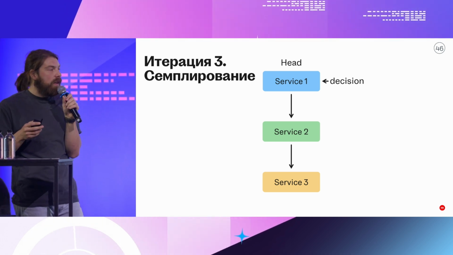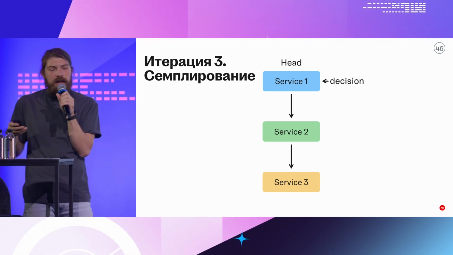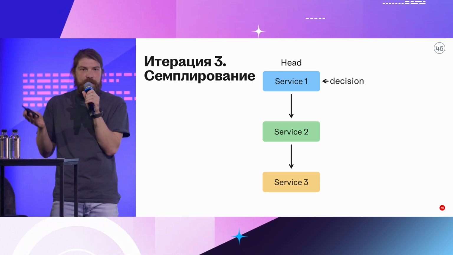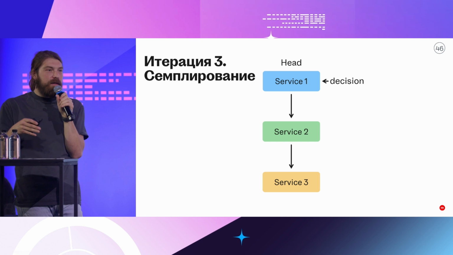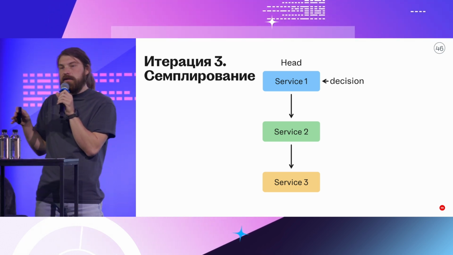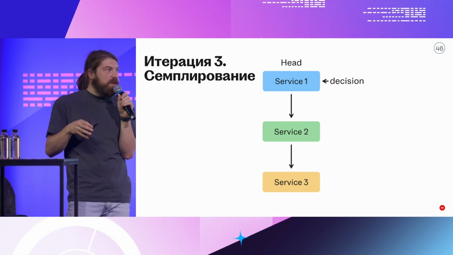Algorithm one is called head-based sampling. It works this way. When you get a request at the very beginning, you make a decision whether to store it or not. It can be implemented with different algorithms, it can be random, it can be heuristic, but the essence is that you don't yet know what's going to happen with the request, but decide whether you store it or not.